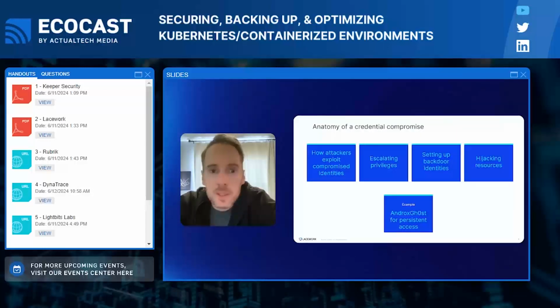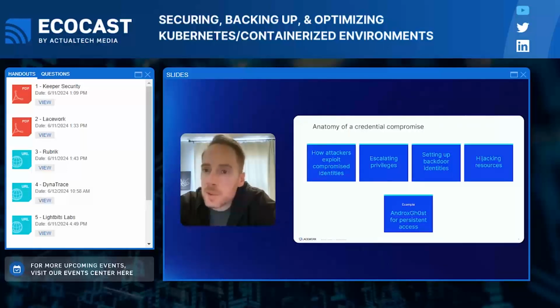Now, from here, what we generally will see is they set up new users. And they do this in a way both to maintain access to the account, but also to look for workarounds to escalate their privileges. Now, once this is said and done, generally they move on to their objectives.